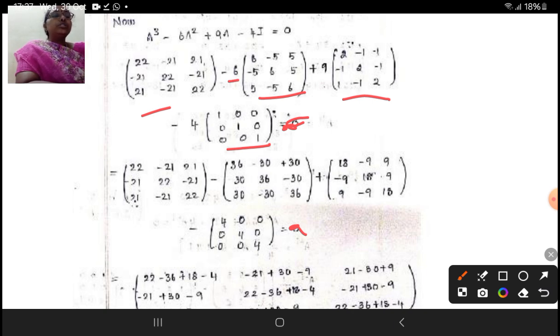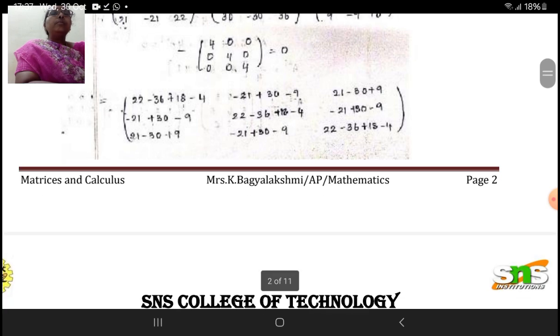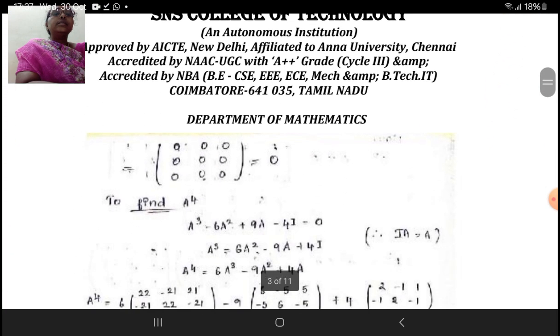At last, add and subtract all the values and you will easily get the answer. The answer is equal to 0. So the equation equals 0, and the equation is verified.